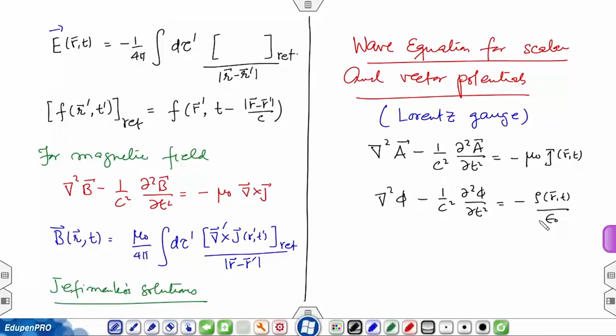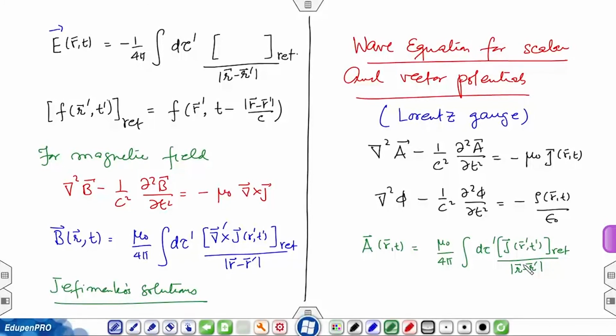Again, now with this background that I just gave you, I can write the solutions for these directly. I can write that A at r at time t should be equal to, if c were infinity, this would have been the integral of the potential type that we have been looking at, but now the minus sign goes away. It will be mu naught over 4 pi integration d tau prime j(r prime, t prime) retarded divided by |r minus r prime|.